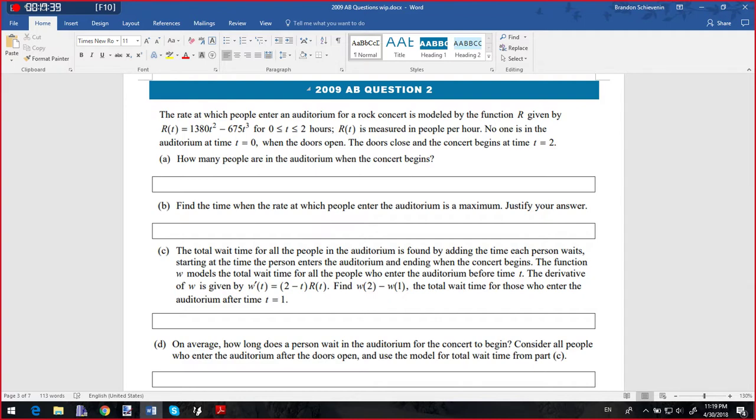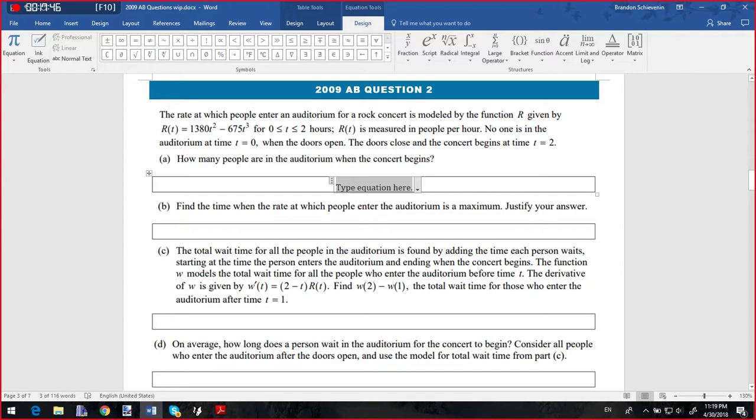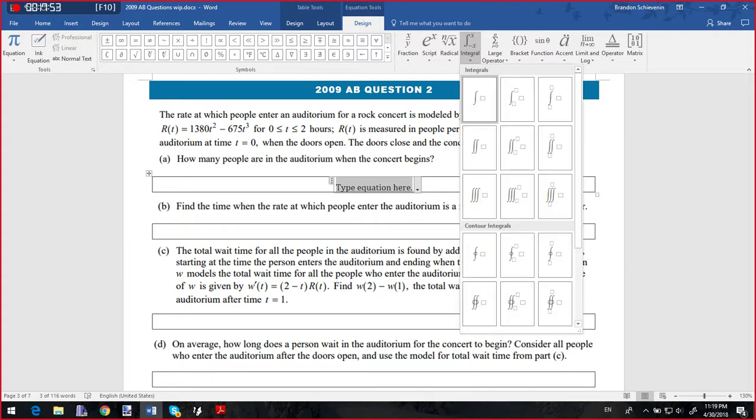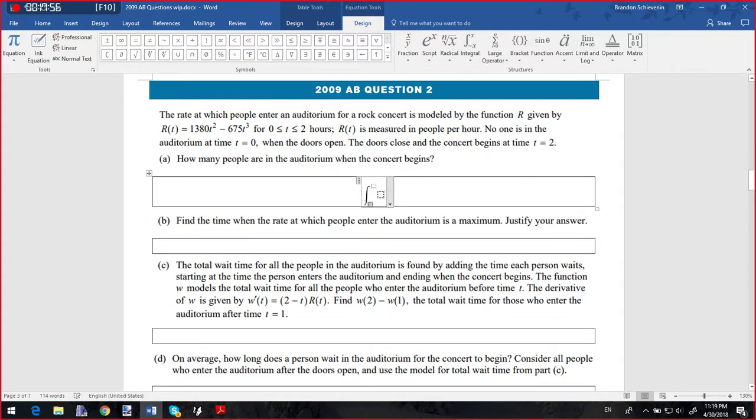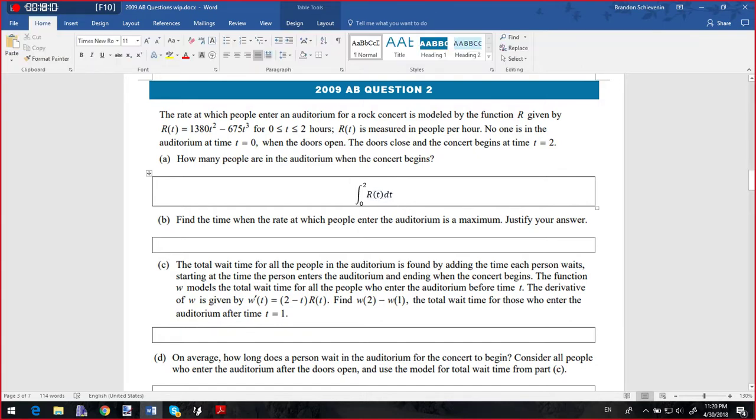So the concert begins at time equals 2. I could say the amount of people that joined before 2 would be the amount of people in the auditorium when the concert starts. So that would look something like this. If I integrate from 0, that's when we open the doors, to 2 when the concert starts, of R of t, that's a function in people per hour, then we'll get the total number of people that came in between hour 0 and hour 2.